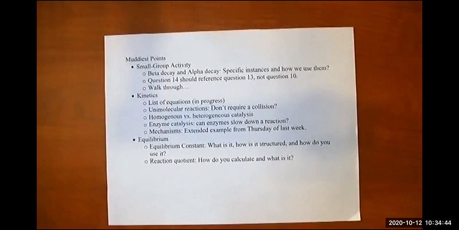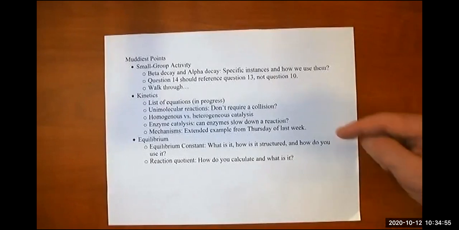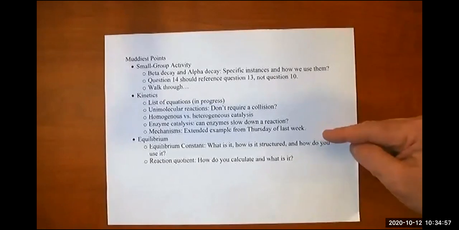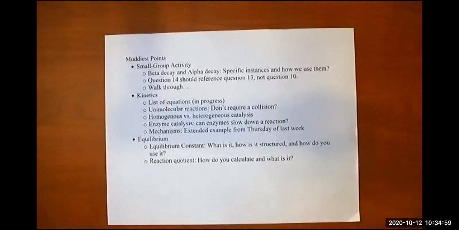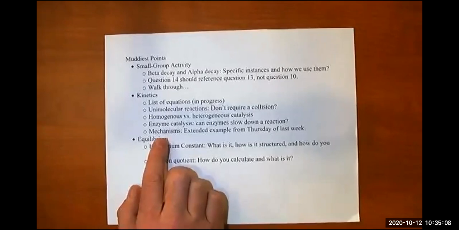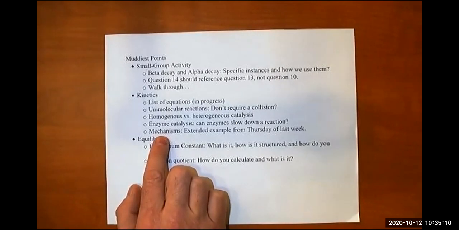And so we analyzed both mechanisms to figure out what the rate laws would be from each of those, and then talked about how we would experimentally be able to tell the difference between the two. And so this was a sort of exam style question that I went through in detail for analyzing these mechanisms. And so I strongly recommend taking a look at that example in the video on Thursday.